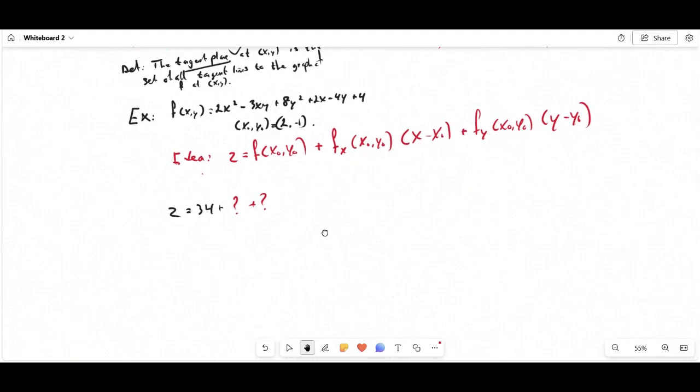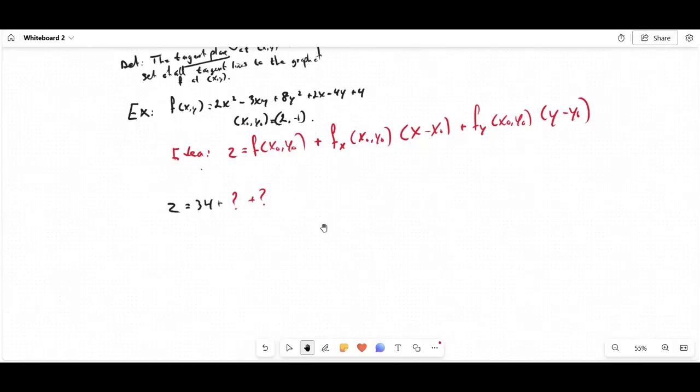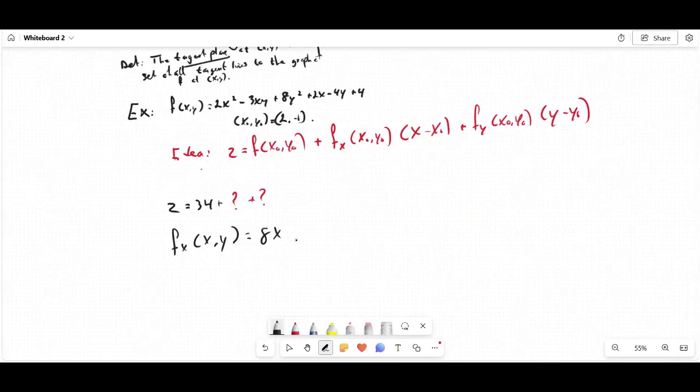And how are we going to find those somethings? Follow the information we've been taught to look for. What is the first derivative of this function with respect to X? Starting over here, I bring down that 2, I get 8x minus 3y plus 0 plus 2 minus 0 equals 8x minus 3y plus 2.